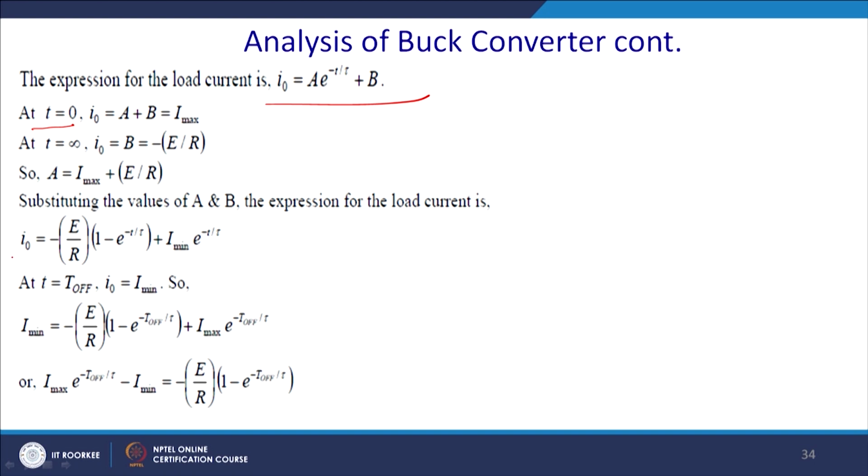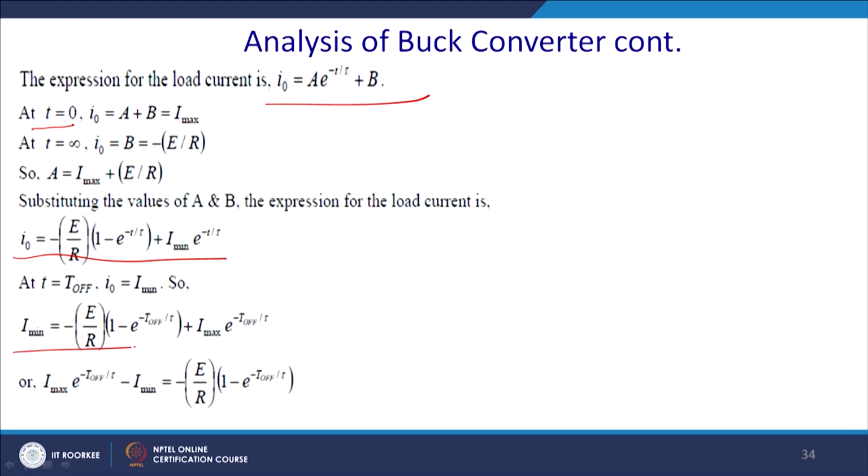So, while substituting you can get the value: minus E by R, 1 minus e to the power minus T by tau, plus I min e to the power minus T by tau.